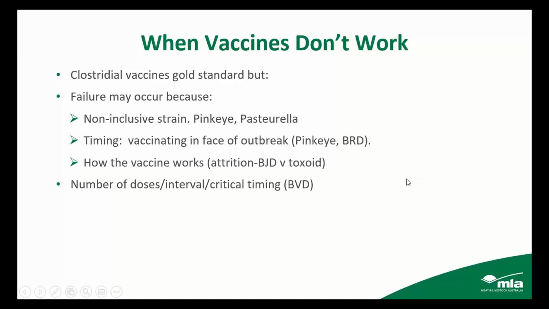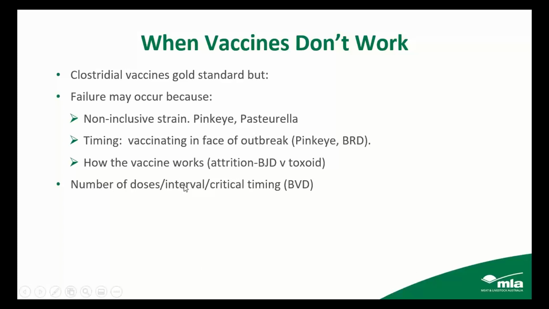It's important to keep in mind that there's an instruction sheet in the vaccine box, and it's worth reading. So both the number of doses and the interval are really critical. And critical timing, obviously there's no point in giving a BVD vaccine halfway through pregnancy if all of the damage is done in the first half.